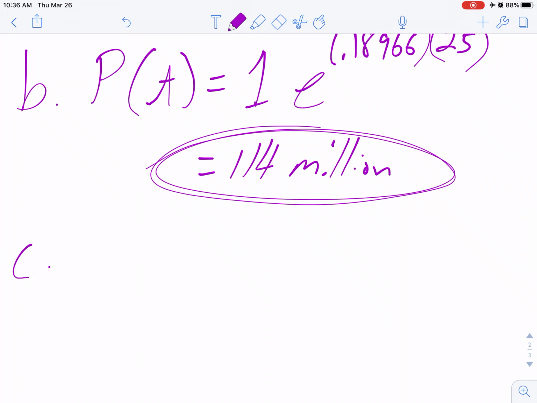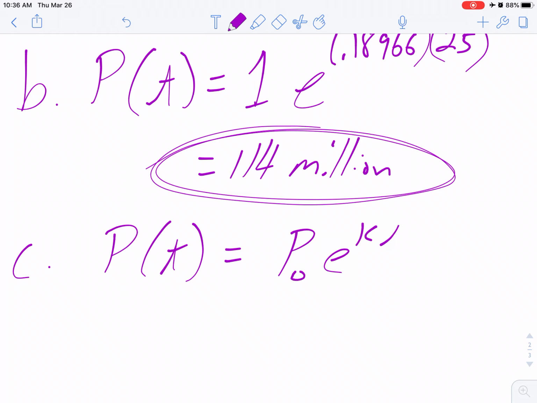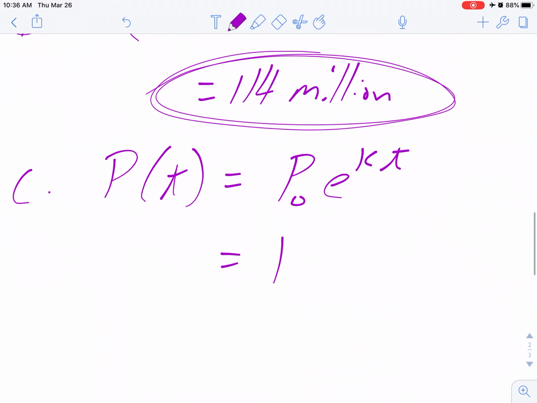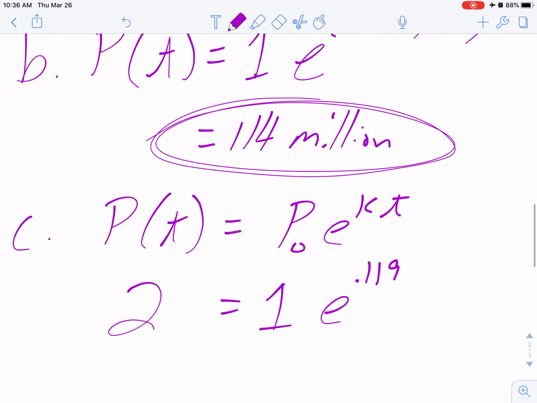Part C, they're asking what is the doubling time of the value? Again, the doubling time is asking you how much time does it take to double. Remember, it started at 1 million, so double of that is 2. We now know what the value of k is.